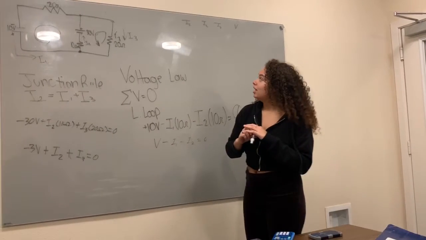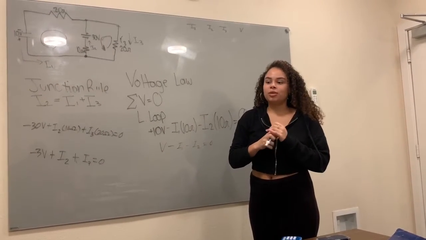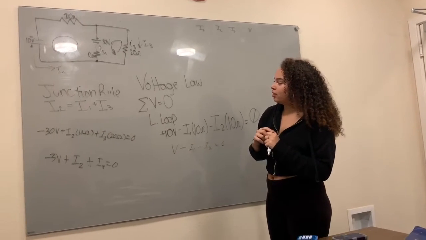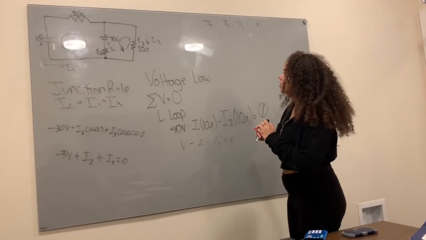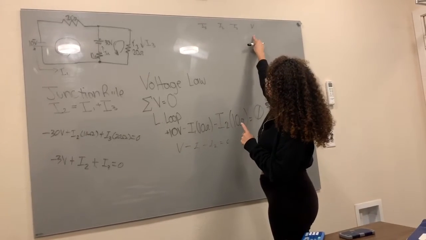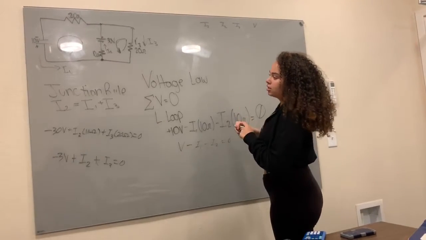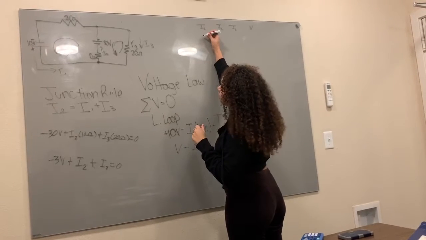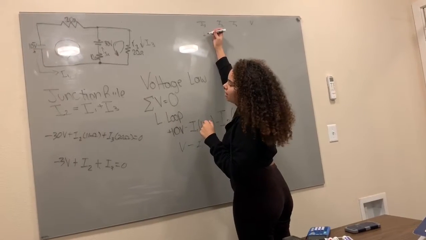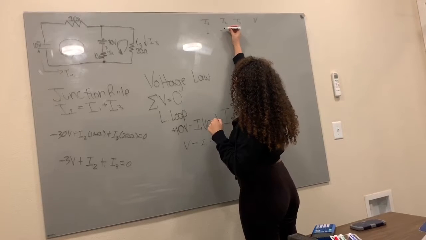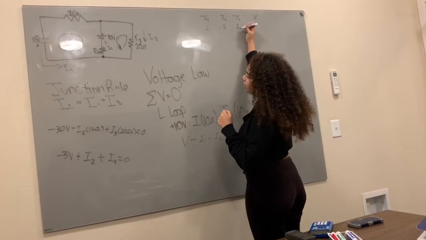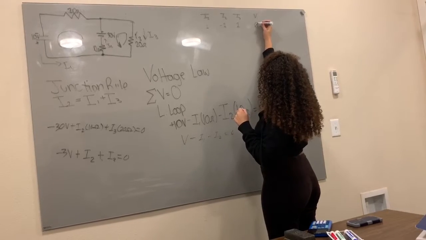Okay, so my name is Sydney, and to finish the problem, we have to set up a matrix to solve. But first, we have to get all three equations alike. So you're going to put voltages on one side and the currents on the other. Starting with the first one, I1 is 1, and I2 would be negative 1, because we move it to the other side. I3 is positive 1, and then there is no voltage, so 0.